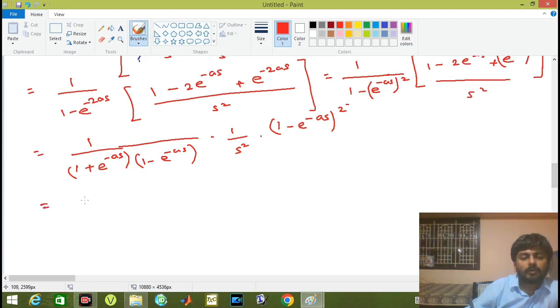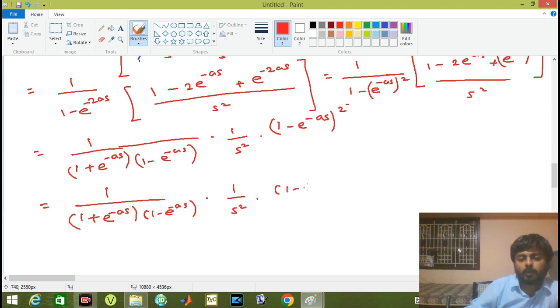I shall write it in simplified form: 1 plus e power minus as into 1 minus e power minus as, into 1 by s square, into 1 minus e power minus as into 1 minus e power minus as.